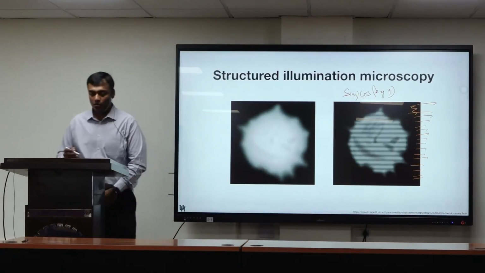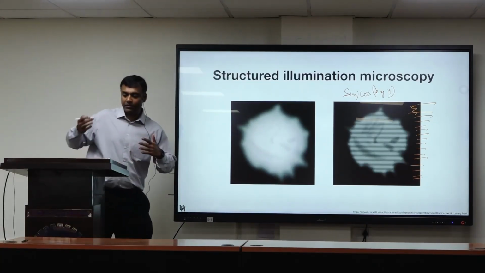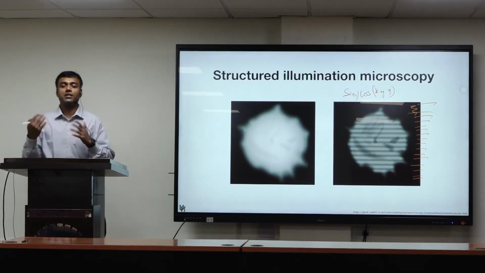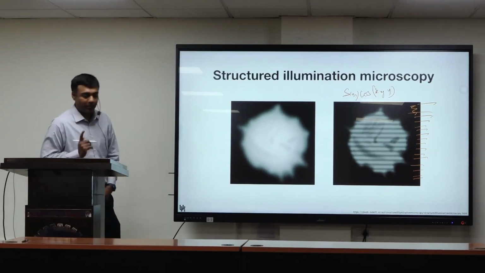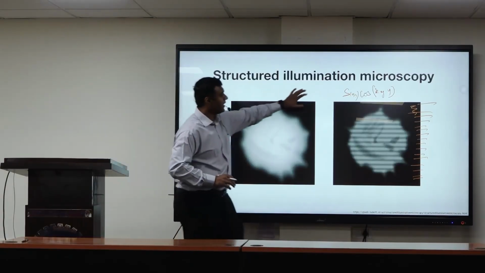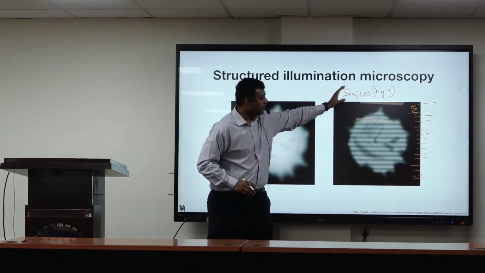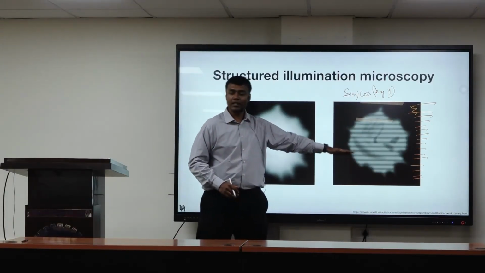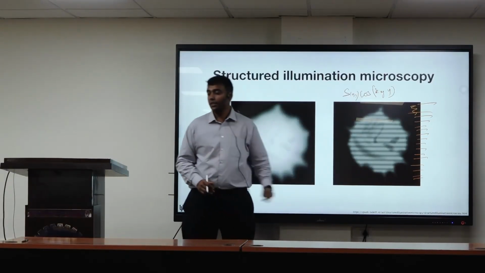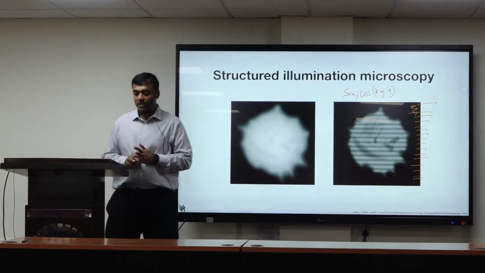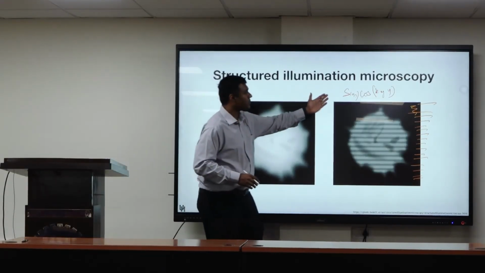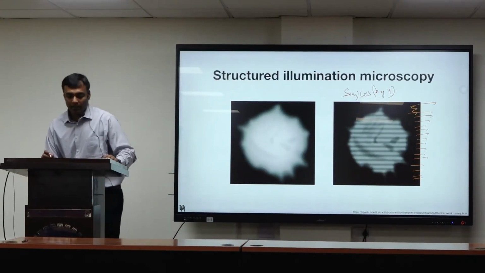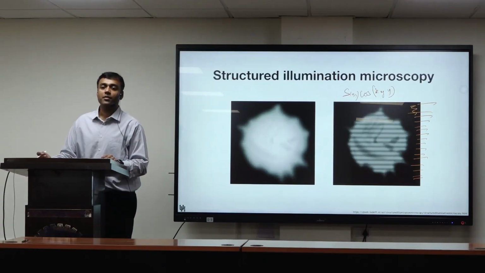The idea came about because once people understood Fourier optics, they thought to take the sample S of x y and have light with cosine of k y incident on it. So S becomes multiplied by cosine of k y. So when you multiply by cosine, what happens?